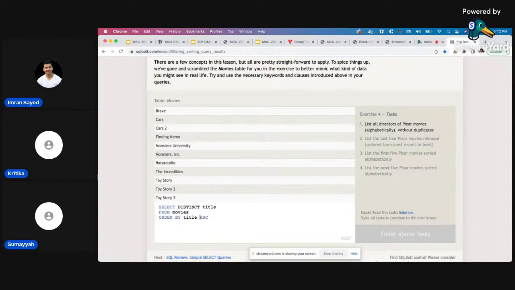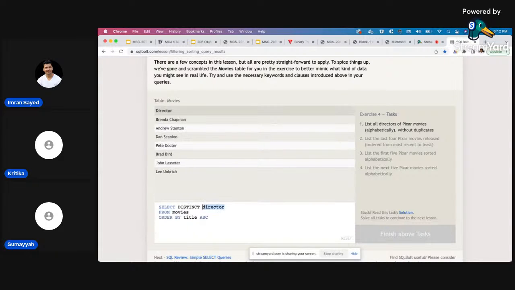Do we not want it ascending? Okay, on all the directors, not title. Sorry, now it's correct.